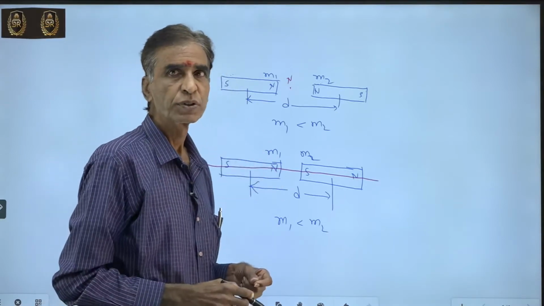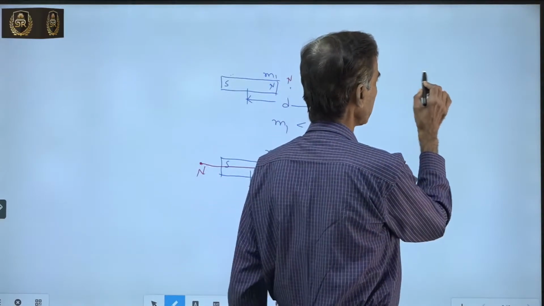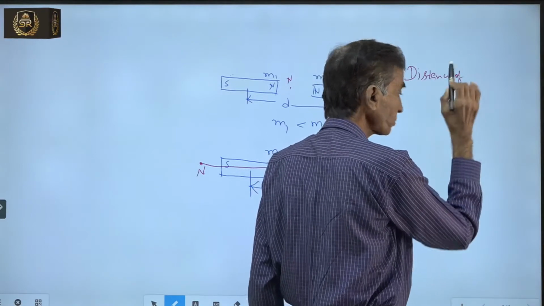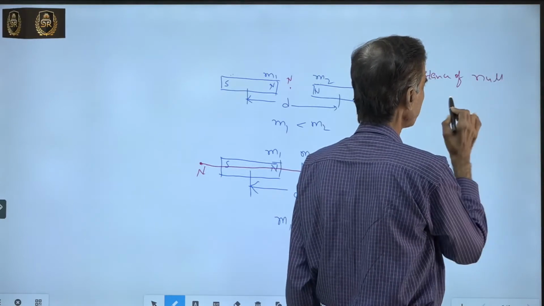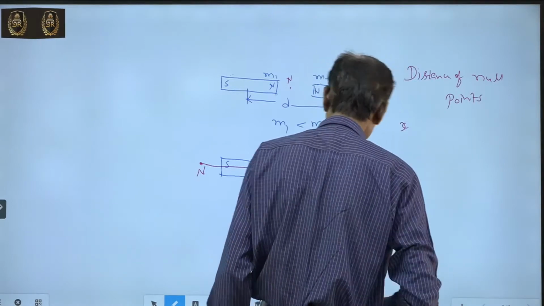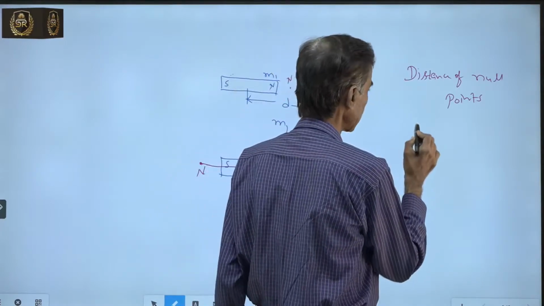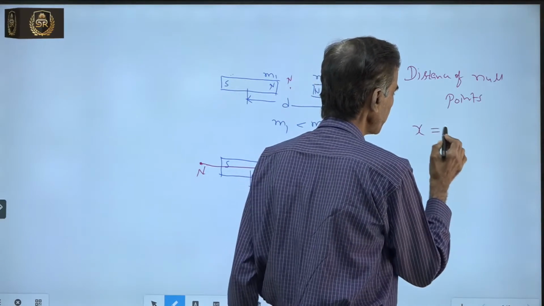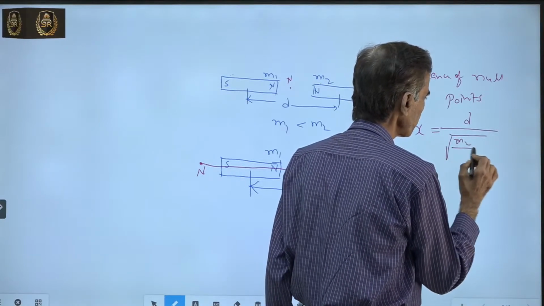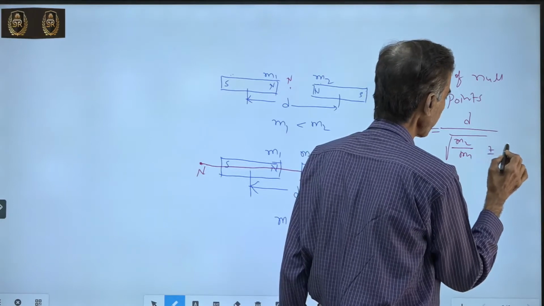So, exactly similar to our electrostatics, here we are going to use the distance of the null point: x is equal to d, the distance between the poles, divided by square root of m2 by m1, plus or minus 1.